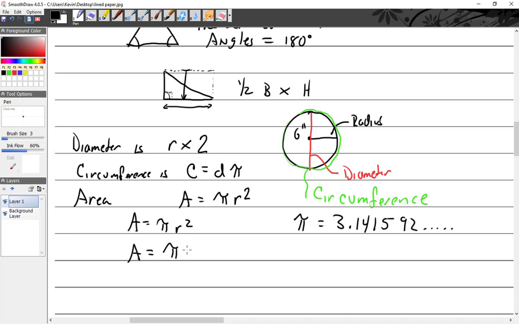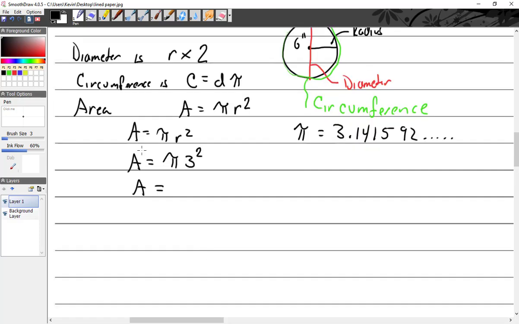Pi times 3 squared. Now we get into order of operations. Should I go pi times 3 and then square it? No. It's pi times, and then 3 squared, which is 9. So area equals pi times 9.